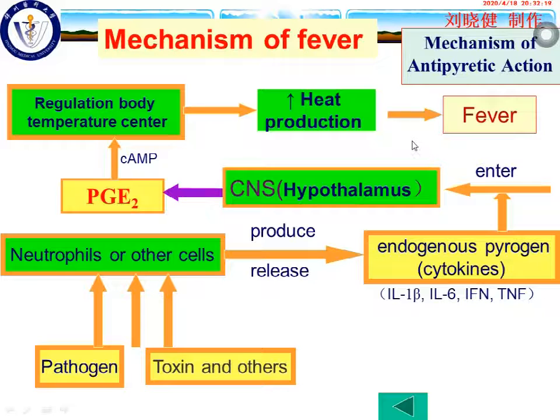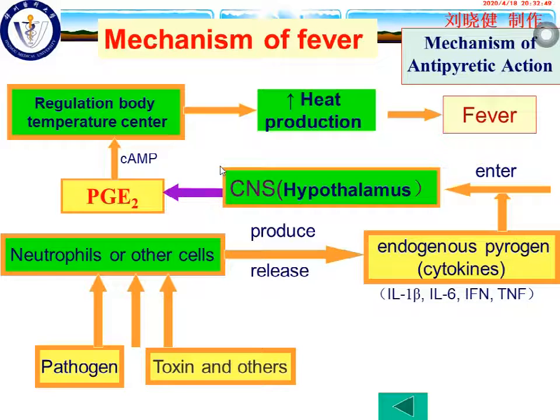Maybe you have experience of using paracetamol. After taking paracetamol, the body will increase heat dissipation, like sweating, and decrease heat production, so the fever can be relieved.